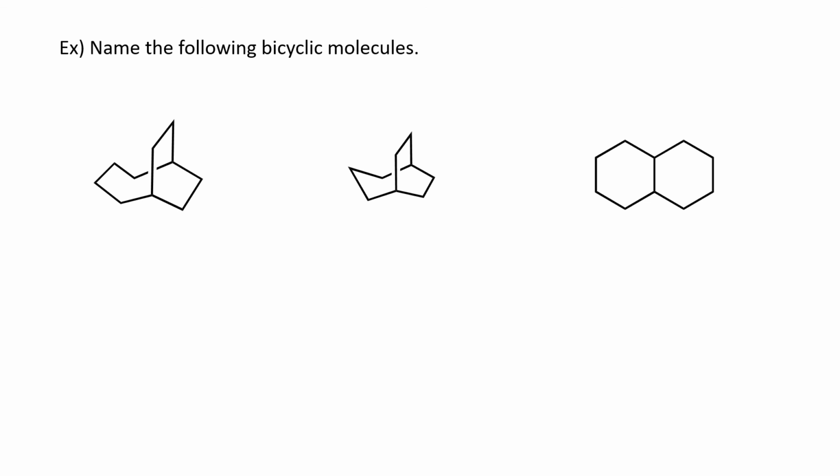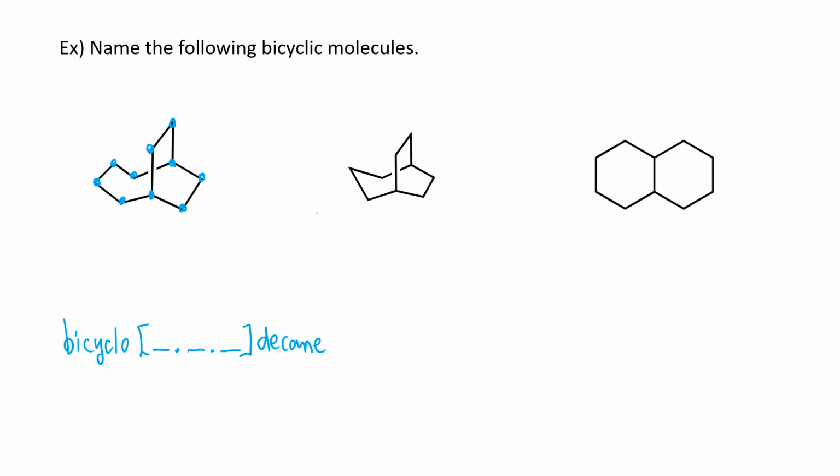All right, hopefully you've been able to give these a shot. Let's begin with the first one. We want to actually count all of the carbons in the bicyclic system. So that's 10, which means this is going to be some form of bicyclo something, something, something, decane.